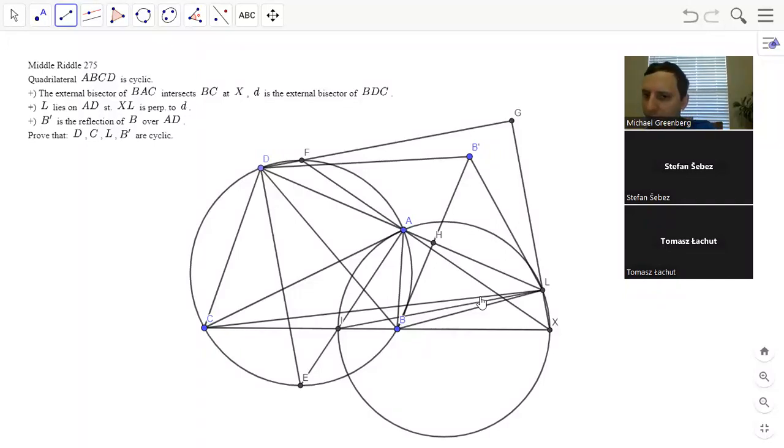So yeah, I'm going to write out a little angle chase on my paper here. So DCL is E. All right.